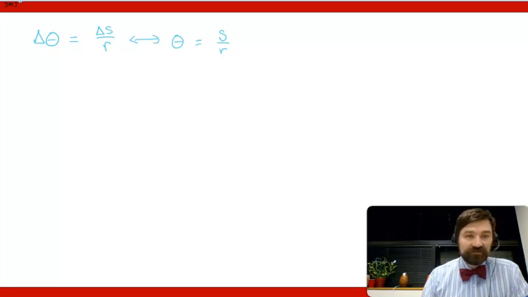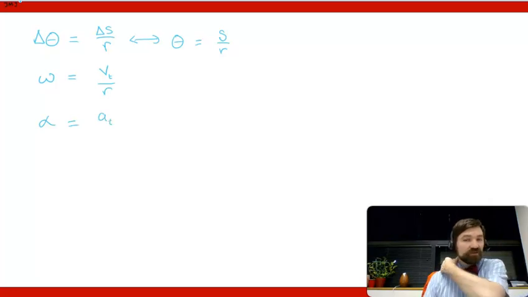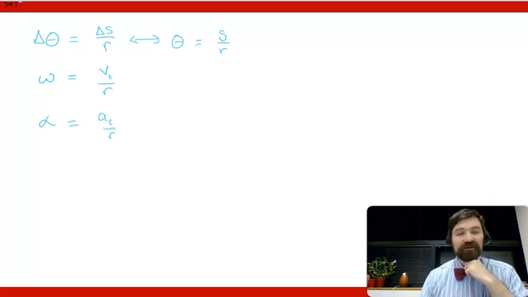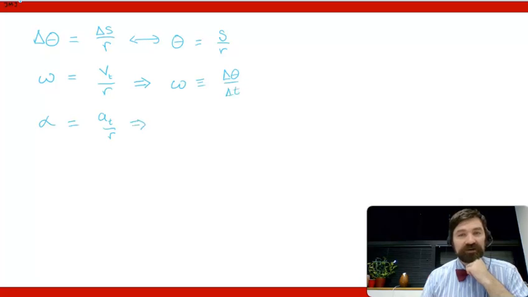And that means that my rate change of angle, my omega, should look like v tangential over r, and my angular acceleration alpha is my tangential acceleration divided by r. Okay, so omega is just simply the rate change of the angle, and alpha is just simply the rate change of the angular speed omega.